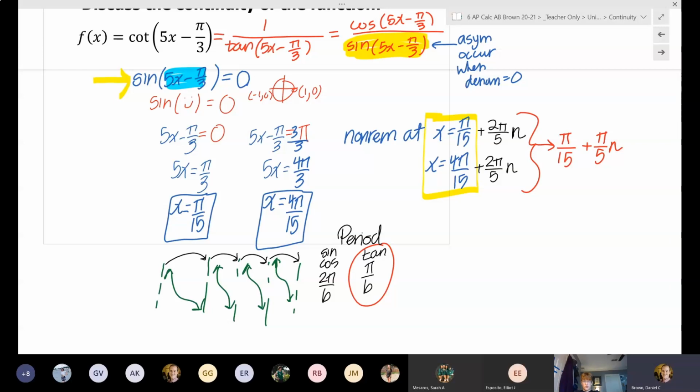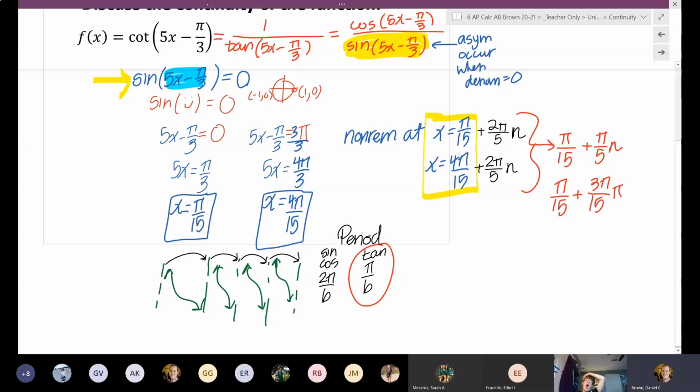And that's just because it might help if I get like a common denominator here. That becomes 3 pi over 15n, not an extra pi there, but over n.